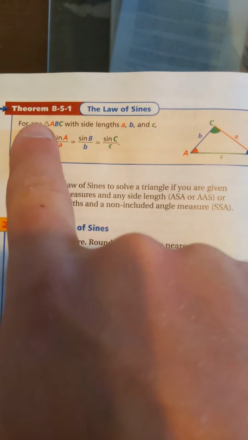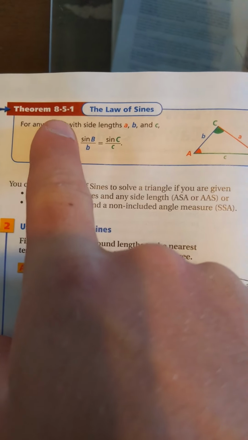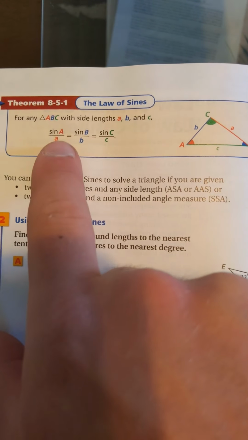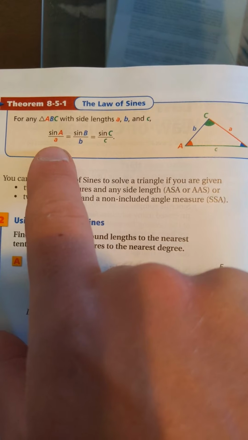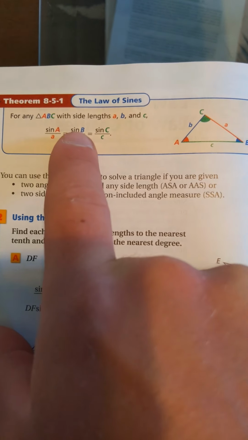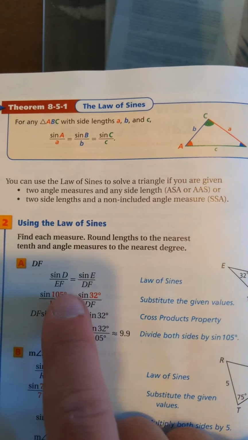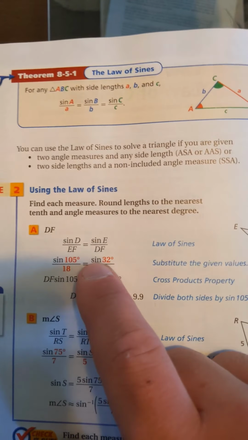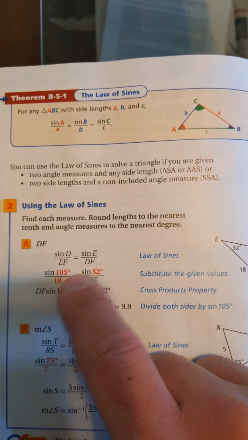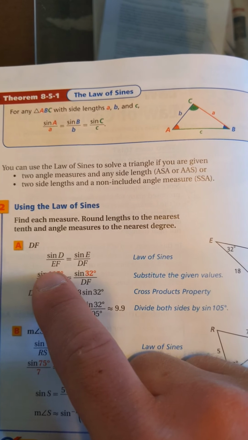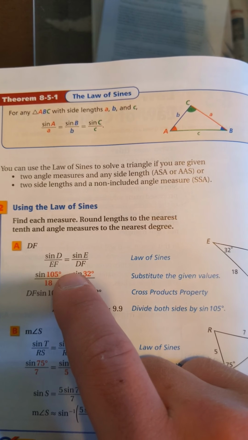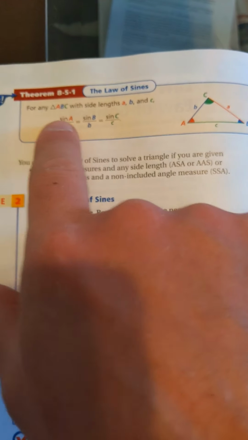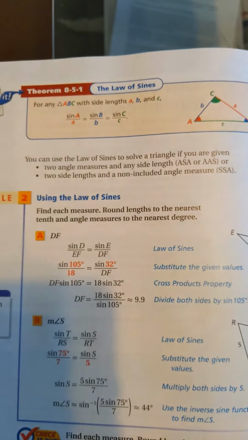It doesn't necessarily matter whether it's A or B or C. It's the fact that you have sine of an angle over a side length equals sine of an angle over another side length. You'll see it right here with an example problem in DF and EF. That is very important to understand. You're not going to actually be using all three of these at one time.